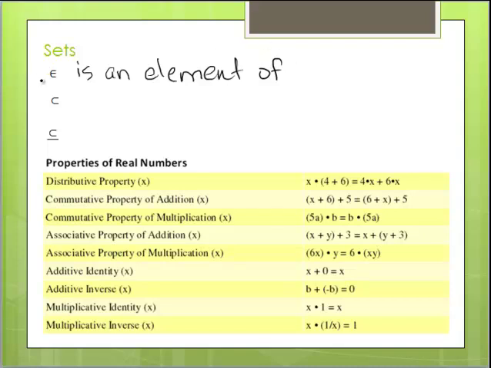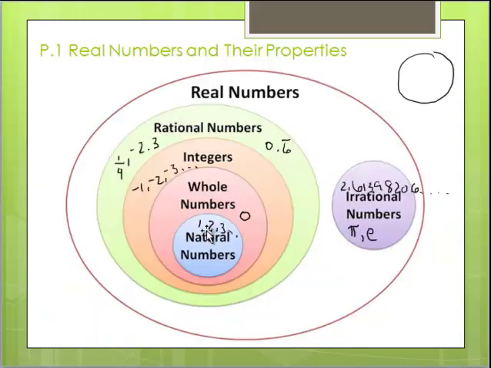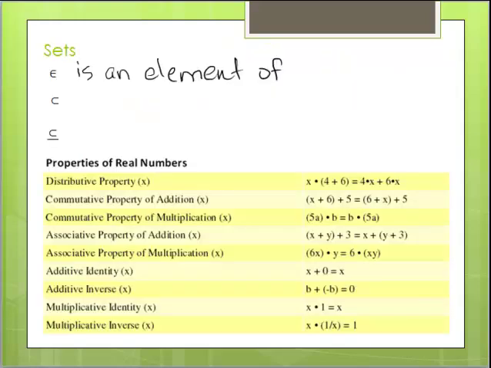So this little E looking symbol means is an element of. So if you look back here, you could say that 2 is an element of the natural numbers. And if you wanted to write that out, you would say something like this. 2 is an element of the set of natural numbers, which is this crazy looking N that has 2 bars in the middle. Something like that. 2 is an element of the natural numbers.